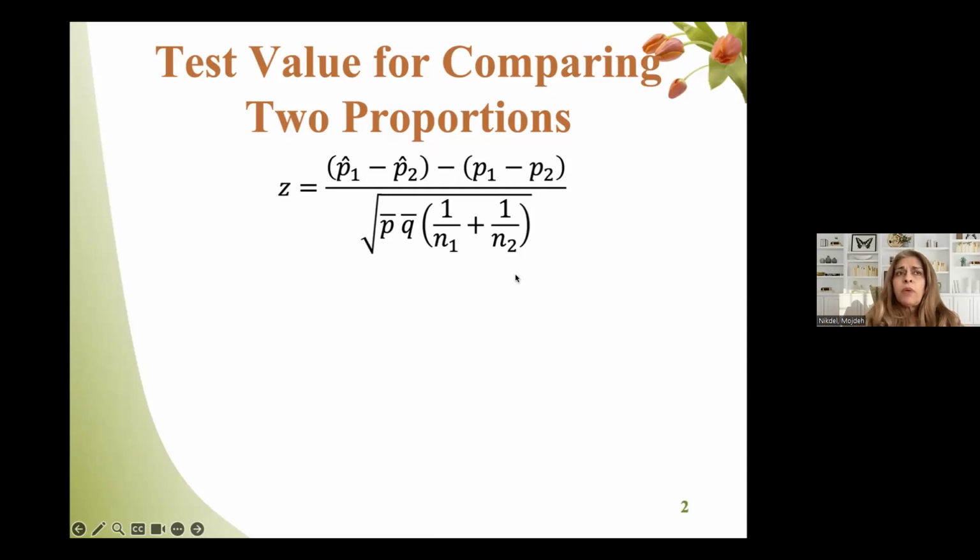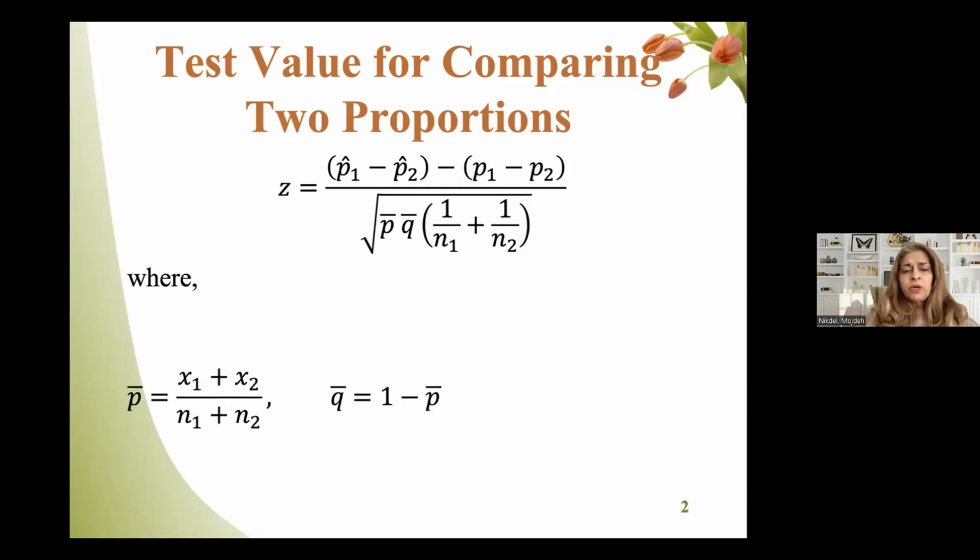You do not have to memorize this formula or use it, because for chapter 9 and 12, we are using our calculator to find the p-value and test value. But anyway, I'm just going to mention the formula.